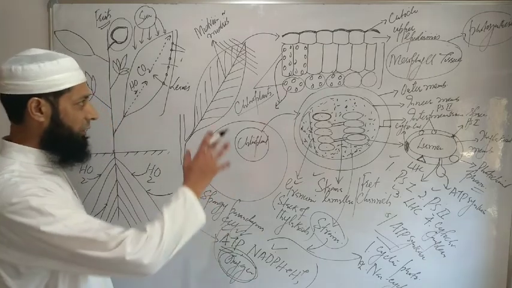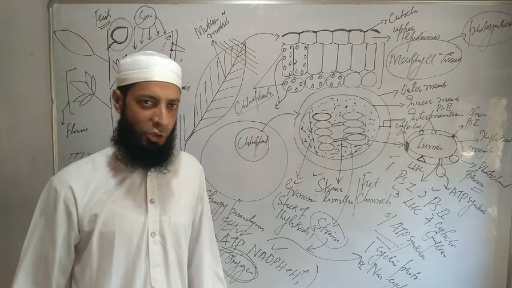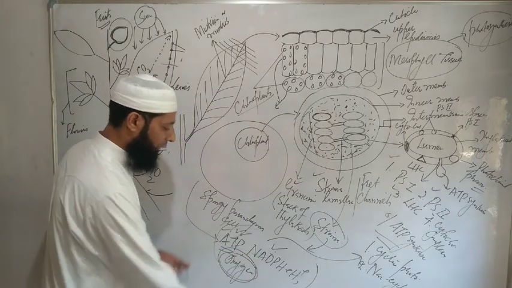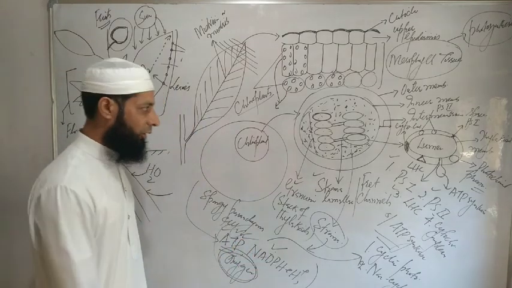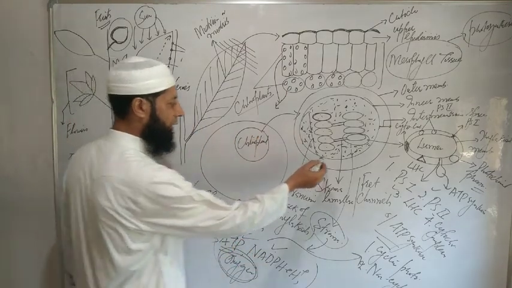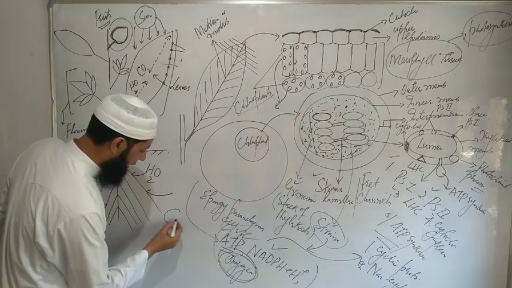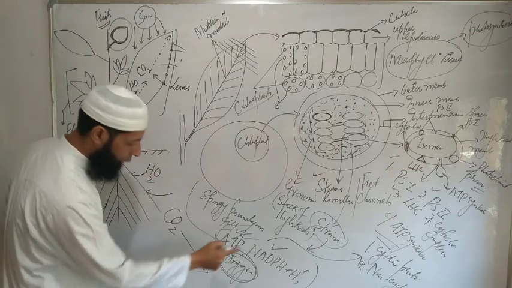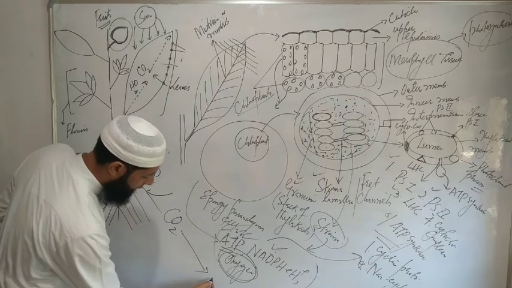And then the second phase of photosynthesis, that's called the biosynthetic phase, occurs when ATP and reducing power in the form of NADPH plus H positive are ready. It occurs in the stroma of the chloroplast, wherein carbon dioxide is fixed. Carbon dioxide is reduced with the help of reducing power into carbohydrates.